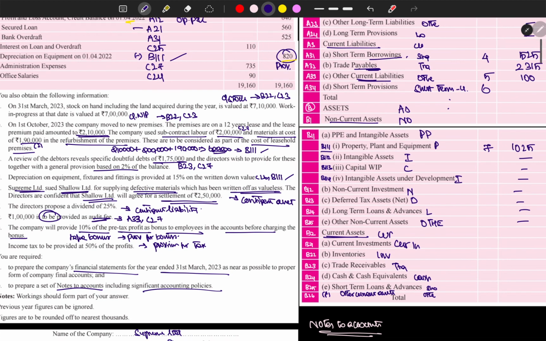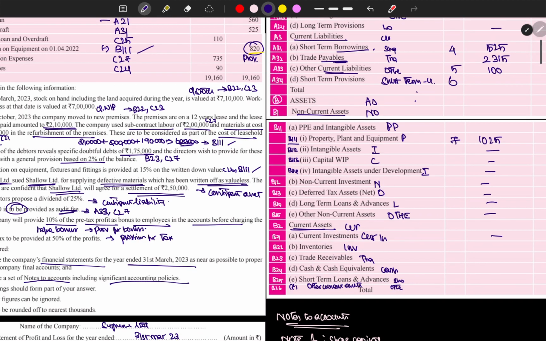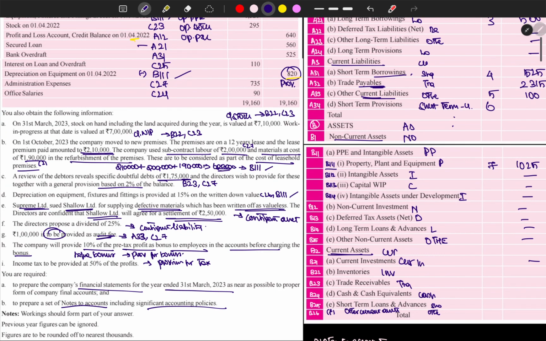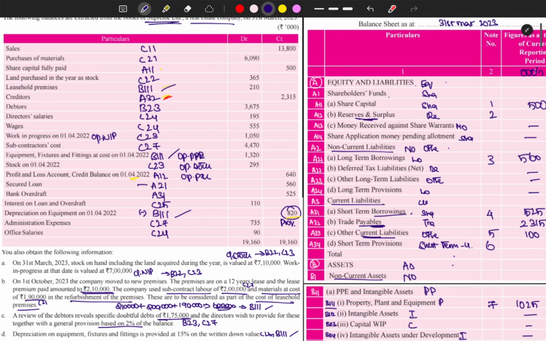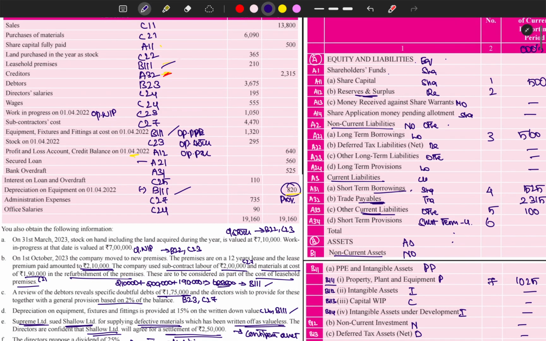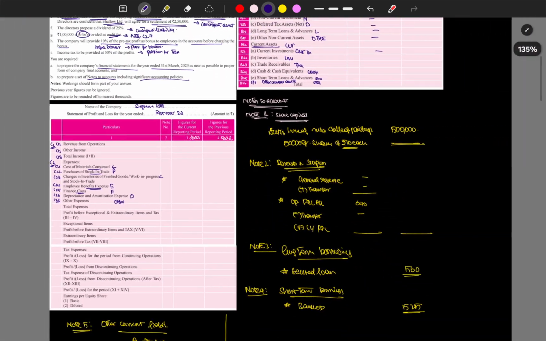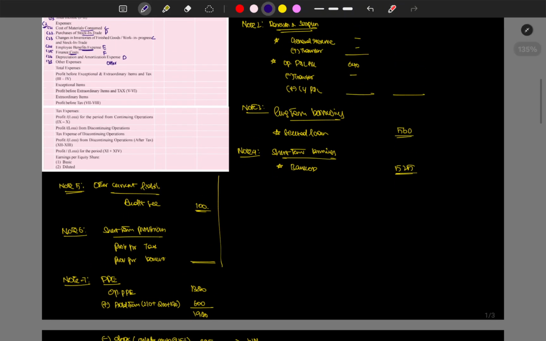If there is any B21, no current assets. So B22, which is inventories. Let's create the notes to accounts.